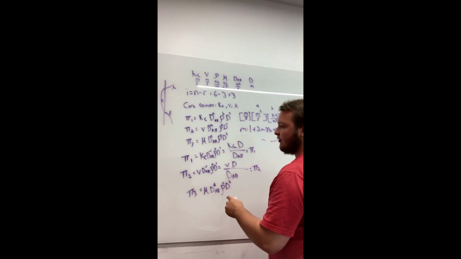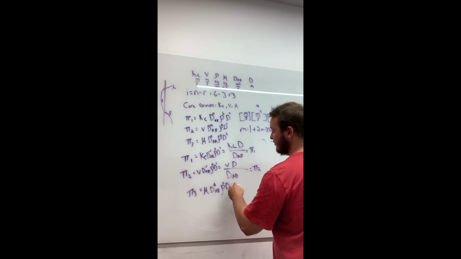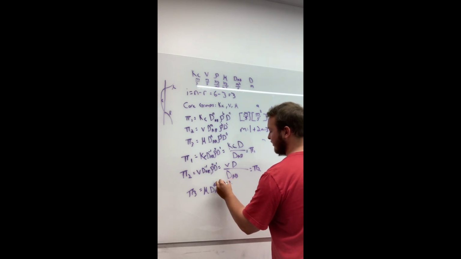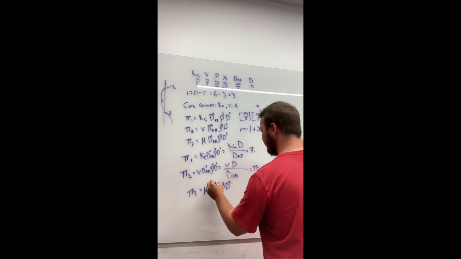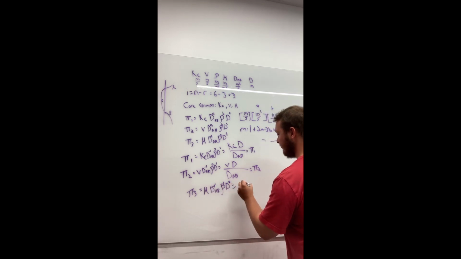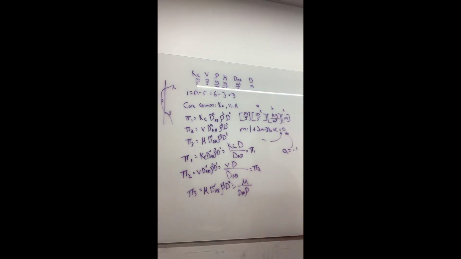So we know that F is equal to 0, this is equal to -1, and this is equal to -1. So we have viscosity over D, and then over density.